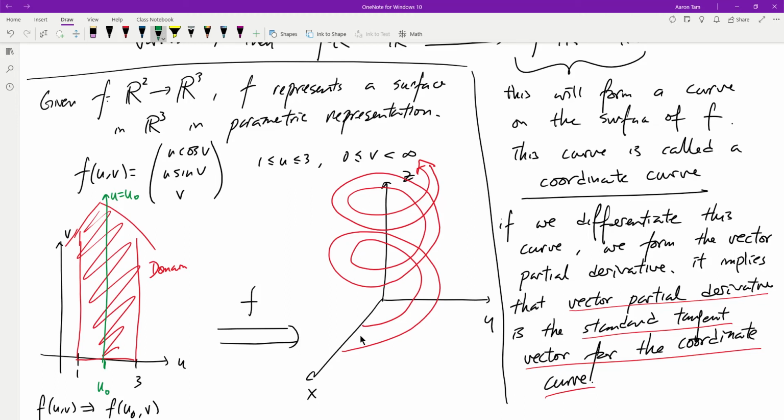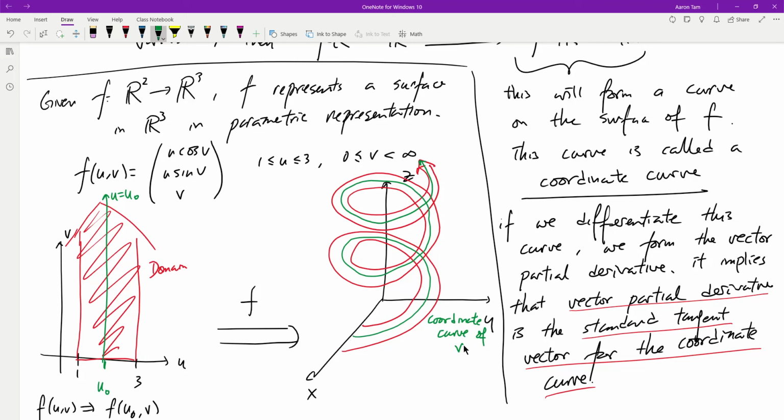And how does this curve look? In the image, it would probably look something like a curve that kind of goes around like this. So this is called a coordinate curve of v.